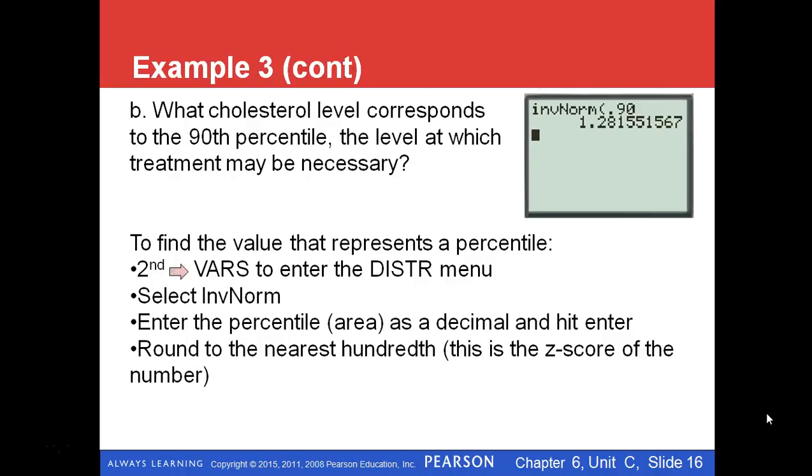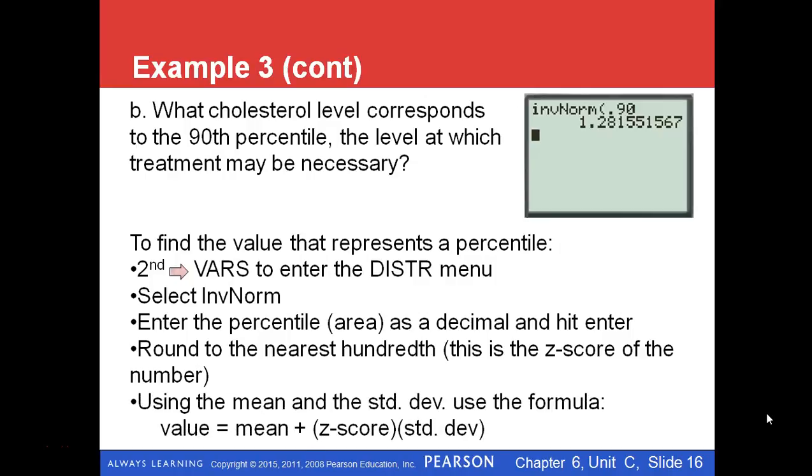Round the z-score to the nearest hundredth, so it would be 1.28. Then we use the formula: the mean plus the z-score times the standard deviation. So here, the mean is 178 plus the z-score we found, 1.28, times the standard deviation of 41. And that cholesterol level would be about 230.